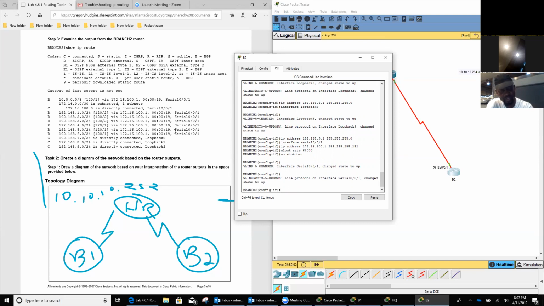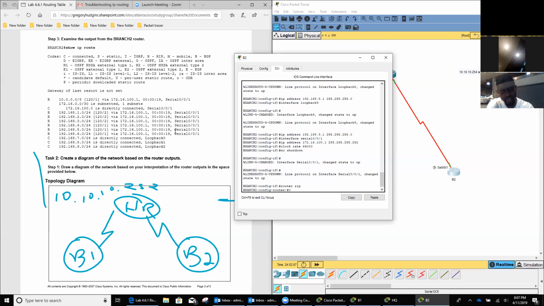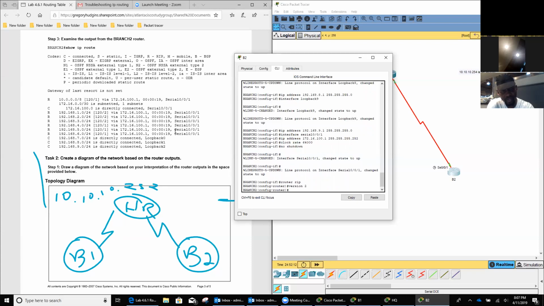Go ahead, type router rip, and go ahead, version 2. And let's just do the network for the serial interface. So just type network 172.16.100.0. Yep. Enter.